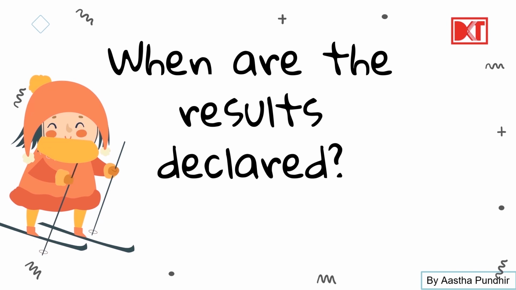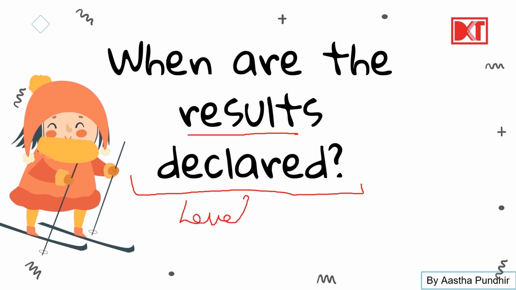So the results will be declared. They're usually declared within a few months, which means a maximum period of 2 months, because what we talked about, this is about the level 1. Okay, the level 1 we have talked about.